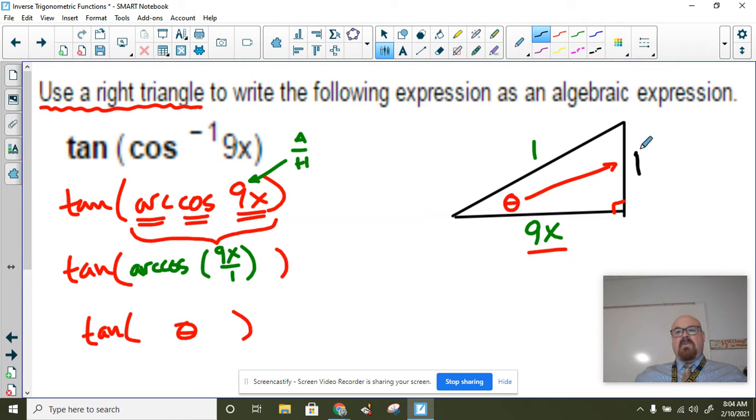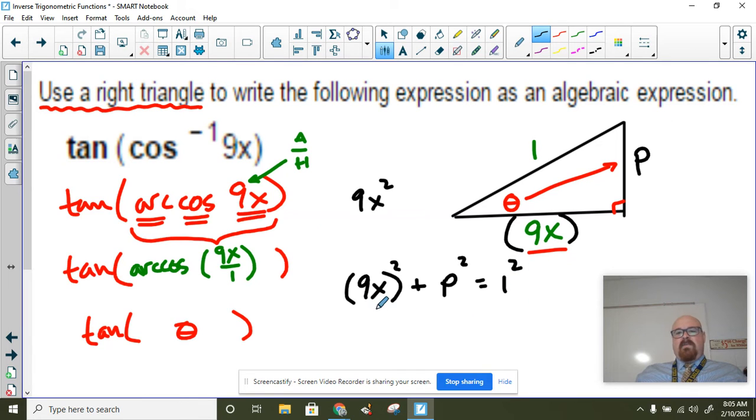So again, I'm going to use P, because P for opposite, I'm not going to use O. So I can quote unquote solve for P using the Pythagorean theorem, right? 9x quantity squared, the parentheses are key here, because if you write this, that's only x squared, right? We have to square this whole side, so we need the parentheses around it. 9x squared plus p squared equals 1 squared.